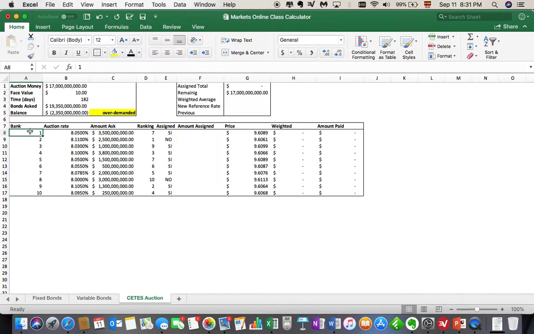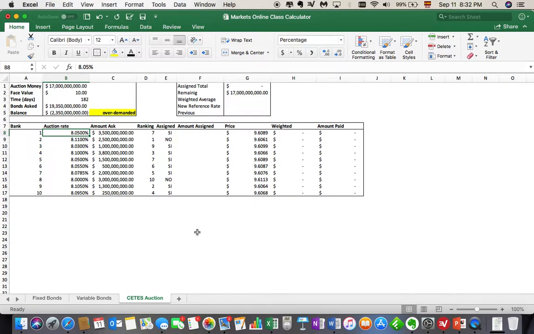Okay, now the way the banks participate is they put an auction rate and an amount, which means this is the amount of CETES they will wish to buy, and this is the rate that they are offering. Okay, so again, this is the amount of CETES they would want from the central bank, and this is the rate at which they want these bonds.